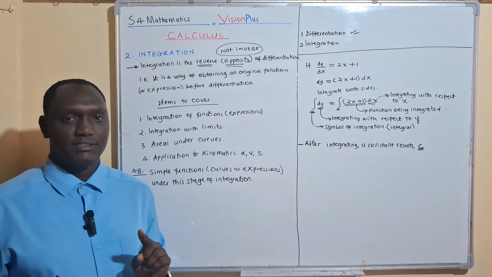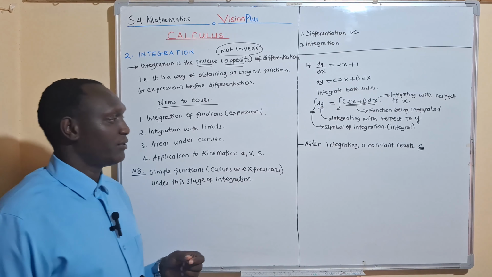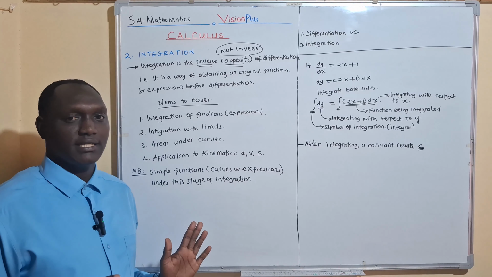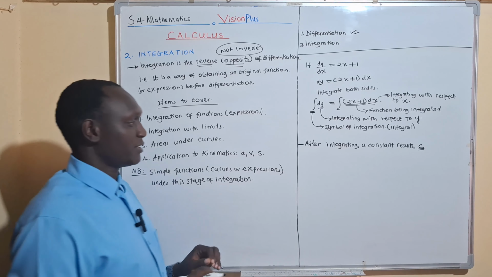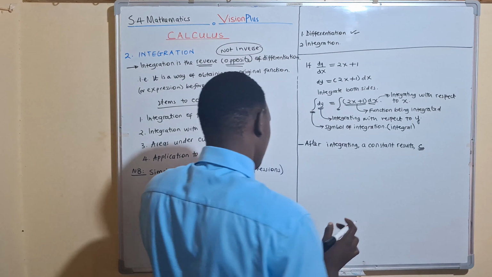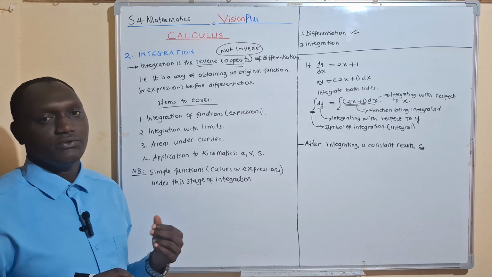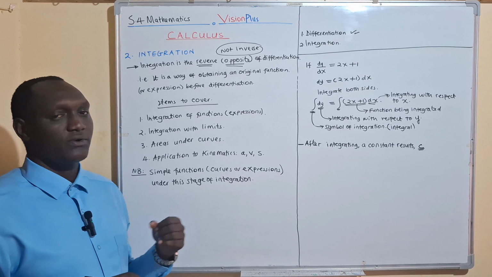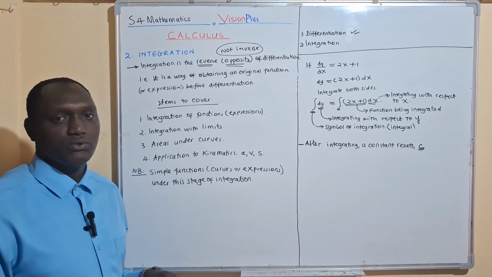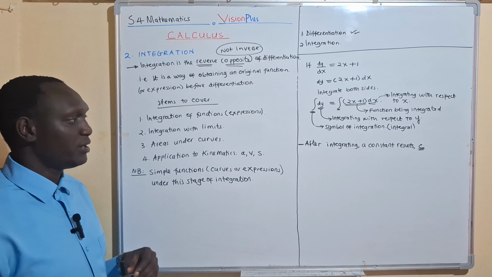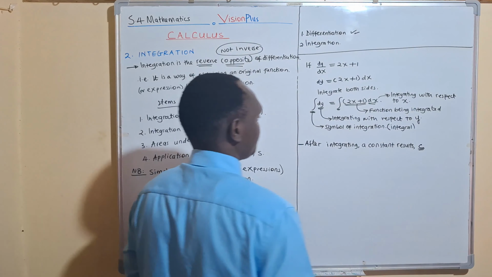Remember, under differentiation, we said when we differentiate a constant, we get 0. When we differentiate any constant, even if it is 1 million, as long as it is a constant, we get 0. So the purpose of this C here is to give us back that constant that was differentiated to 0. C is a constant that under differentiation was differentiated to 0. And now we want to recover it, such that we get the original function that was differentiated.